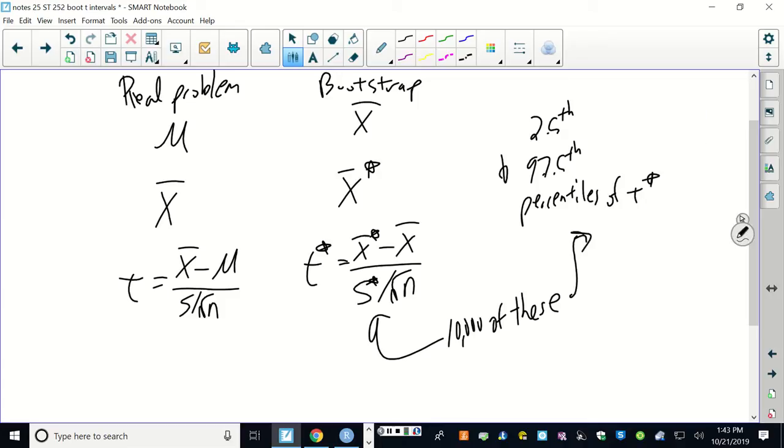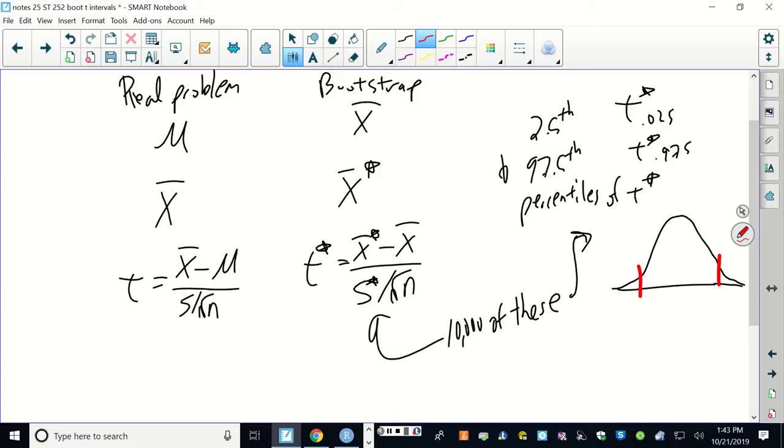And let's call these things the T star 0.025 and the T star 0.975. So as you make a plot of these things, and it's not exactly normal, we're going to find the two values out of the 10,000 that give us kind of the 2.5% tails.